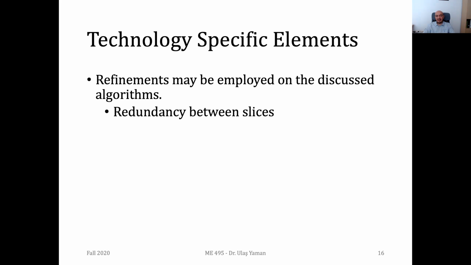Another issue we can consider is the relation between the slices. Most of the time, we don't have much change between consecutive slices. They are very similar, just maybe some internal structure or some coordinates are modified.